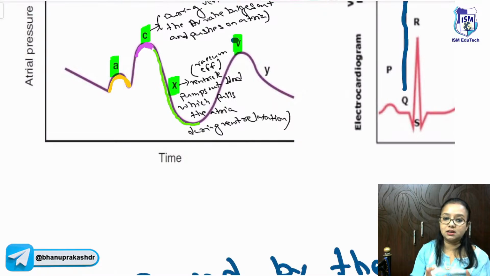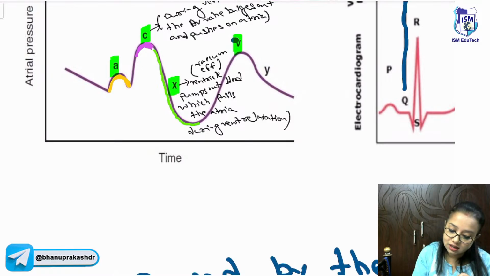When the ventricles have pumped out the blood, the volume in the ventricles becomes less and it goes for isovolumetric relaxation. So when the ventricle is relaxing, as a suction, as a vacuum effect, it is pulling the atrial muscles also. So that pull on the atrial muscle causes a drop in the pressure in the atrium, which is the X descent. Okay.